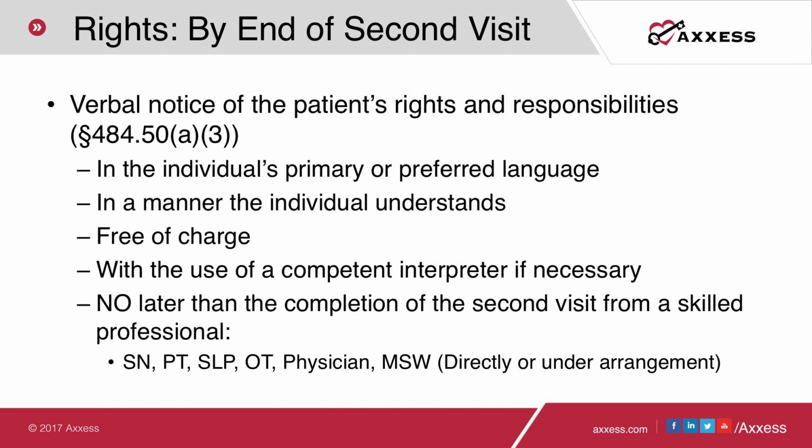And what is a skilled professional according to 484.75 of the COPs? That is a skilled nurse, a physical therapist, a speech-language pathologist, an occupational therapist, a physician, or a medical social worker. It doesn't matter if these visits are made by skilled professionals who work directly for your company or are under arrangement or contract. This still has to be done by the end of that second skilled visit, okay?